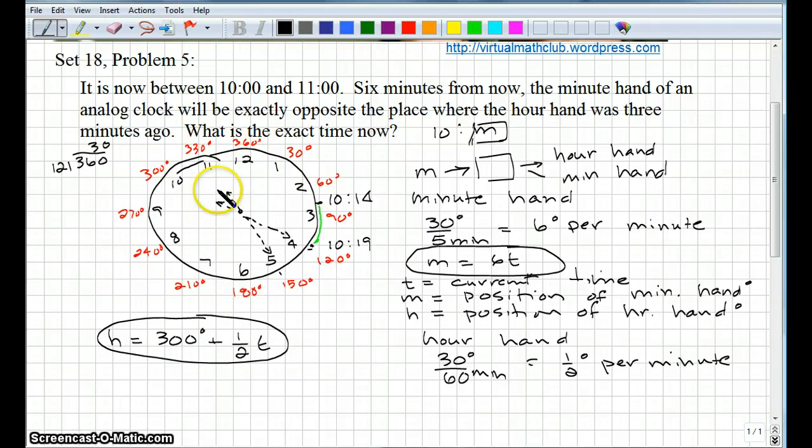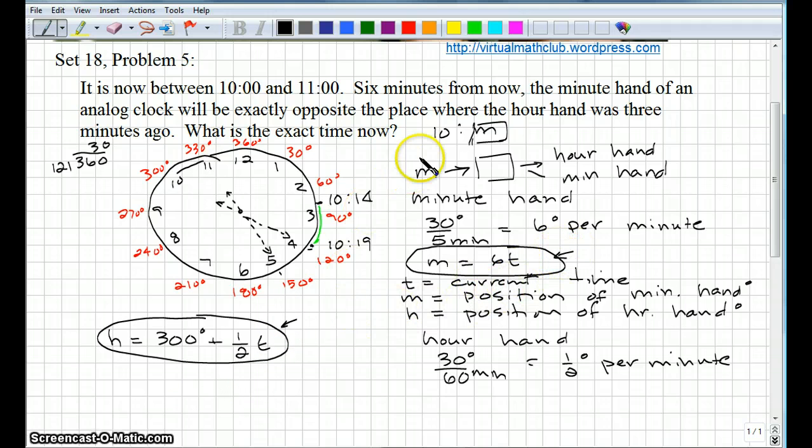So let's test that out. If we're at, say, 10:30, so the minute is 30 minutes, we plug in that, we should be at 315 degrees, which is exactly halfway between the 10 and the 11. So that makes sense. Alright, so now we have two functions, one for the position of the hour hand and one for the position of the minute hand.